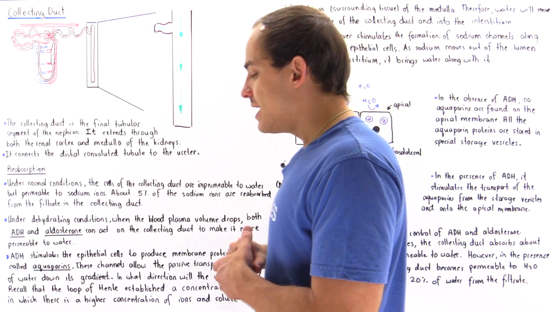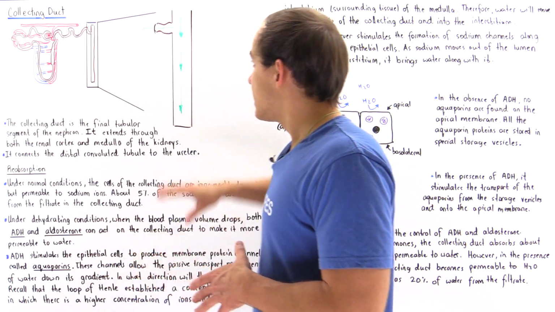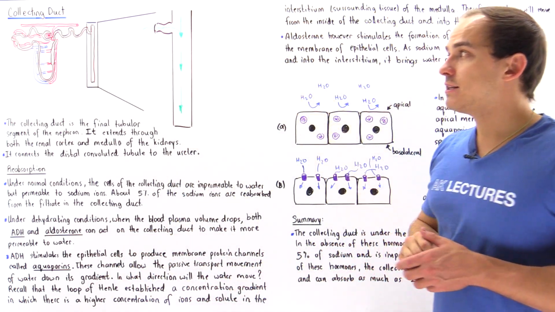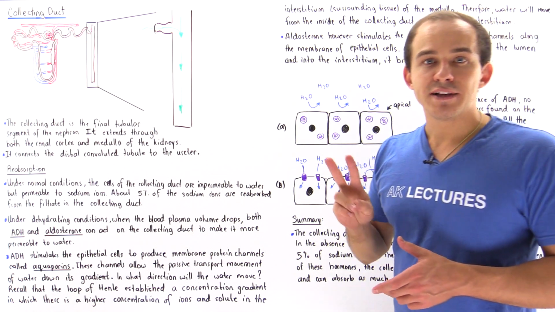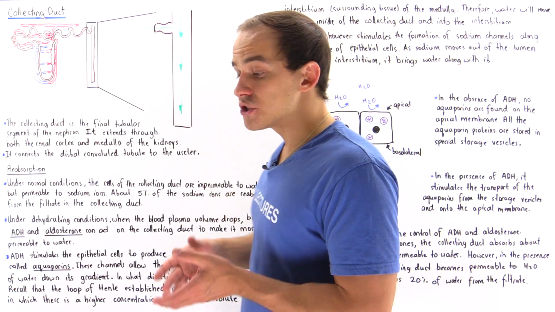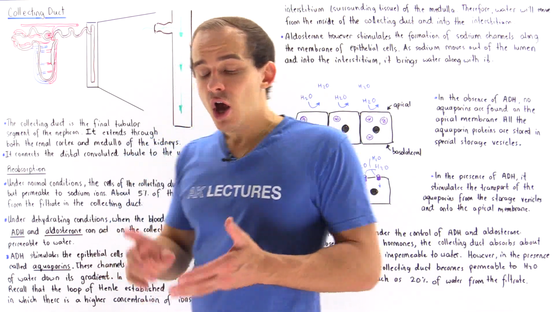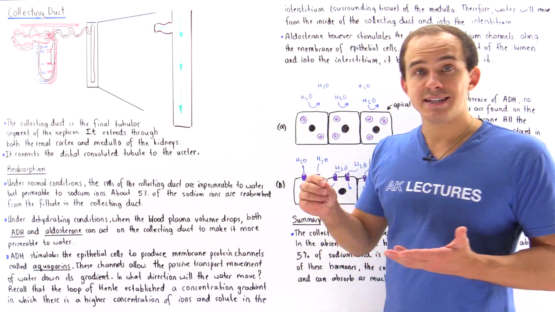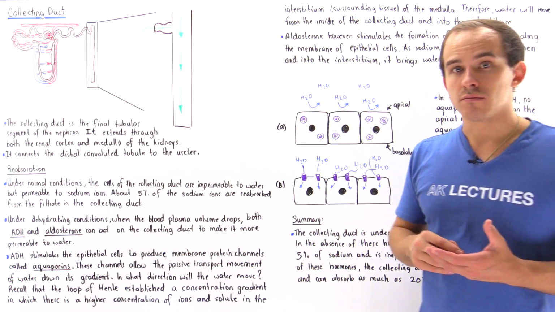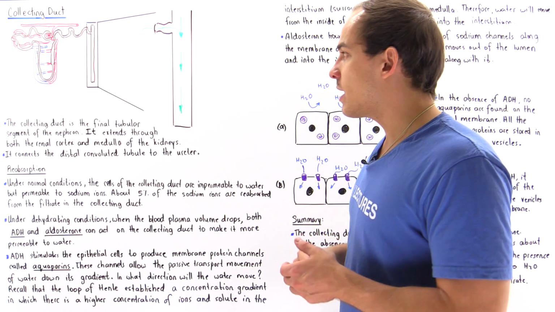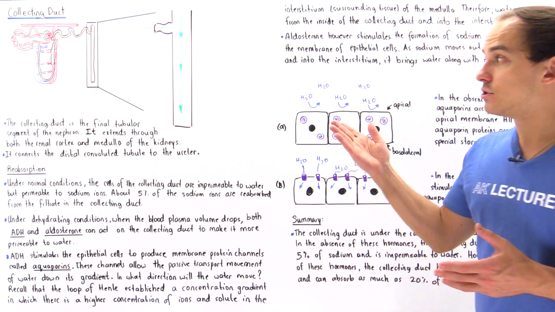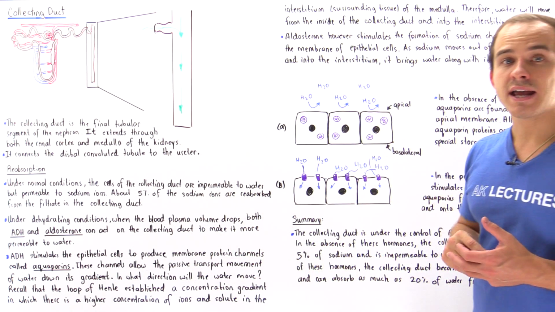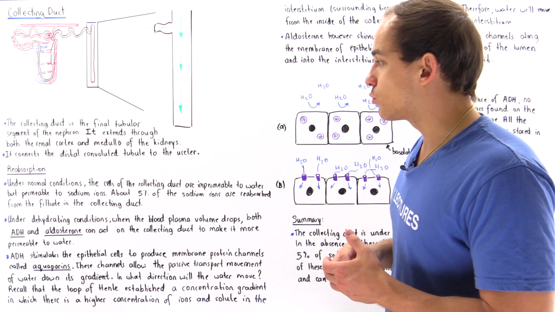collecting duct. Now, as it turns out, the function of our collecting duct is actually controlled by two important types of hormones that we already spoke about. One of these hormones is ADH, the antidiuretic hormone, also known as vasopressin, and the other hormone that controls the functionality of the collecting duct is aldosterone.